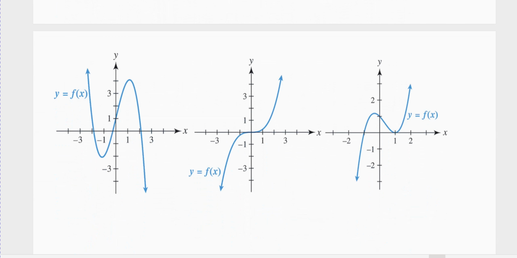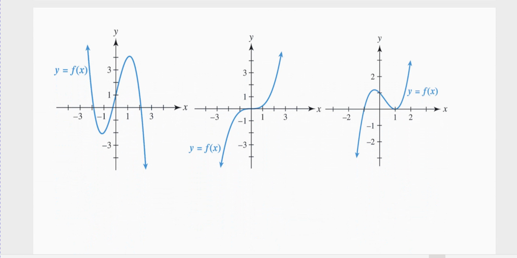Alright, so here's a couple of examples. These are all cubic functions. So this is an example of where it has 3 x-intercepts. Based on the shape of the graph, my A would be negative in the first case.